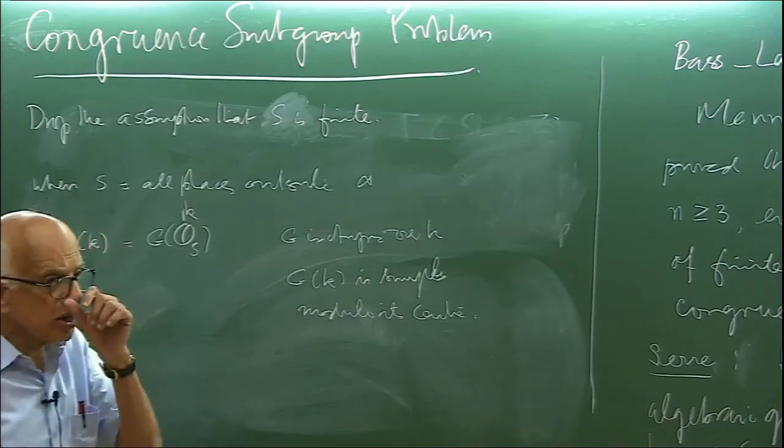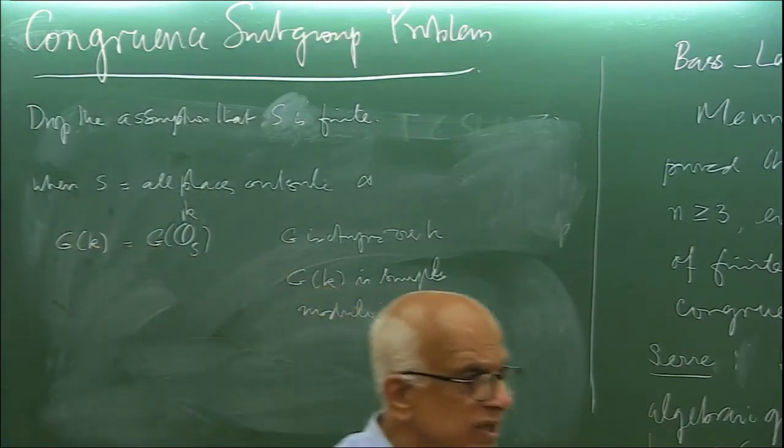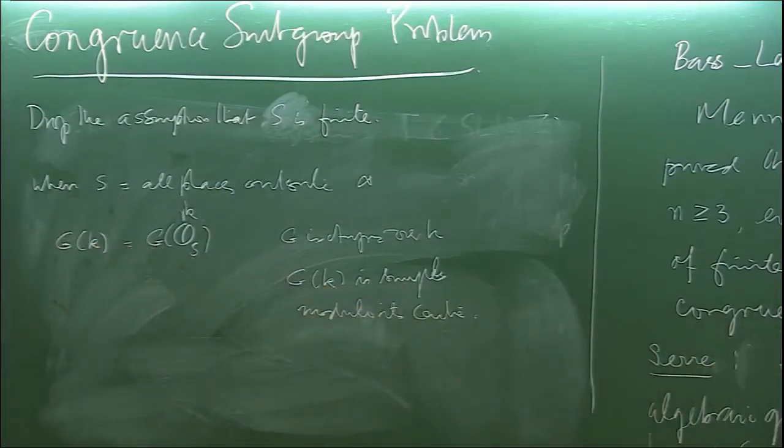This is the so-called affirmative answer to the Kneser-Tits conjecture. The Kneser-Tits conjecture tells you that if G is isotropic over K, GK is simple modulo its center. It has no normal subgroups other than central ones, which are necessarily finite. So we have an affirmative answer if G is isotropic over K.